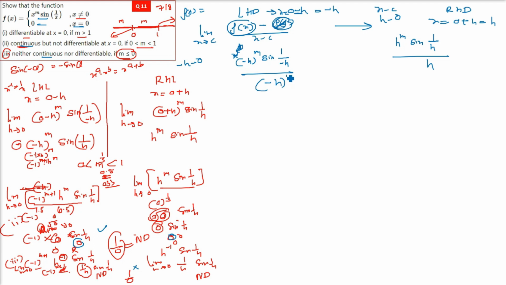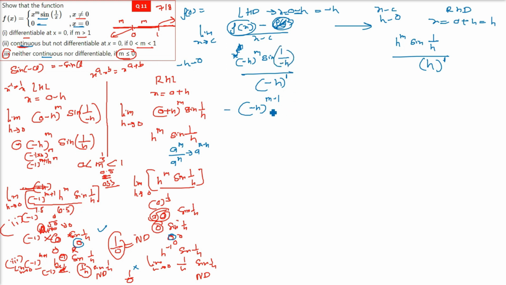Now this is minus h to the power 1, and here h to the power 1. Now please remember that when we have the same base, and the denominator goes to the numerator, the powers will be subtracted. So a raised m by a raised n will be a raised m minus n. So minus h to the power m minus 1 it will be. And here we have sine minus 1 by h.